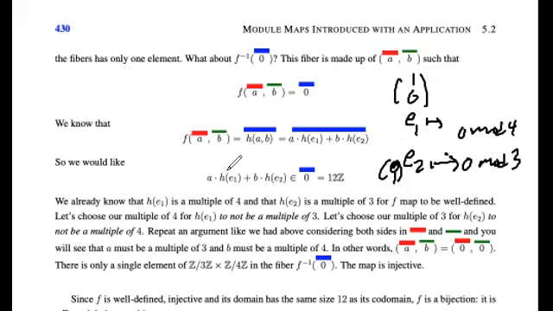All right, so we know that E1 has to be 0 mod 4, and E2 has to be 0 mod 3. So maybe it'd be better just to write out a 4 because it's a multiple of 4. So h of E1, the image of that, is a multiple of 4. h of E2 is a multiple of 3.